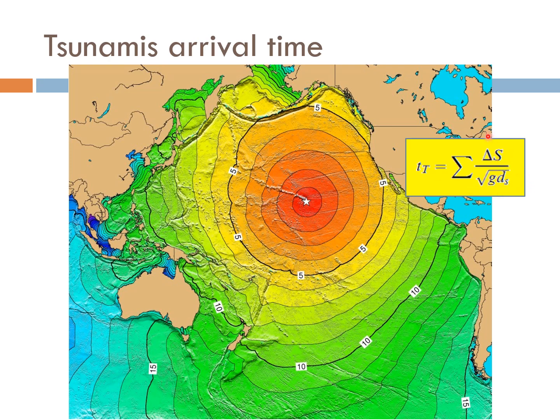So if we know the distance, if we know the depth, we know the celerity, we can calculate the time for the tsunami to travel from one end to the other end of this segment. And after that, we do the same again for the next segment, the distance and the depth to estimate the time. And so as we proceed, we are able to get the total time it takes for this tsunami wave to arrive at, for example, Terengganu on the eastern coastline of peninsular Malaysia.